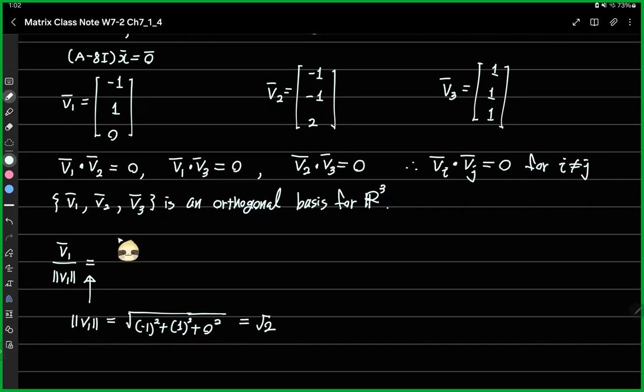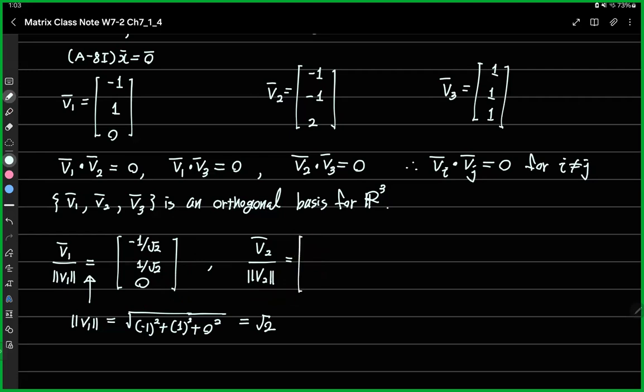So this is -1 over square root 2, 1 over square root 2, and 0. Similarly, you can scale the orthogonal basis vectors down by dividing by the norm to make them unit vectors.